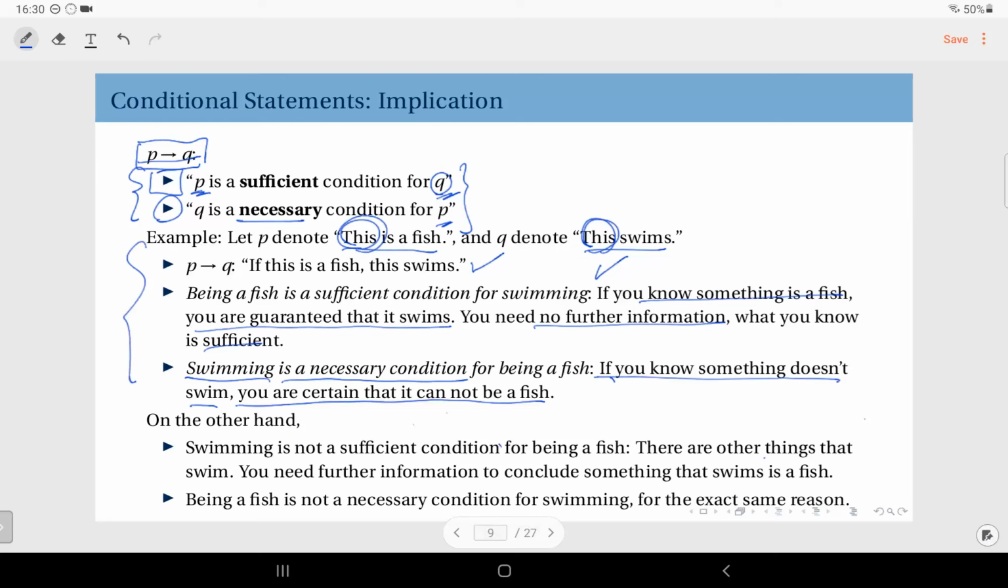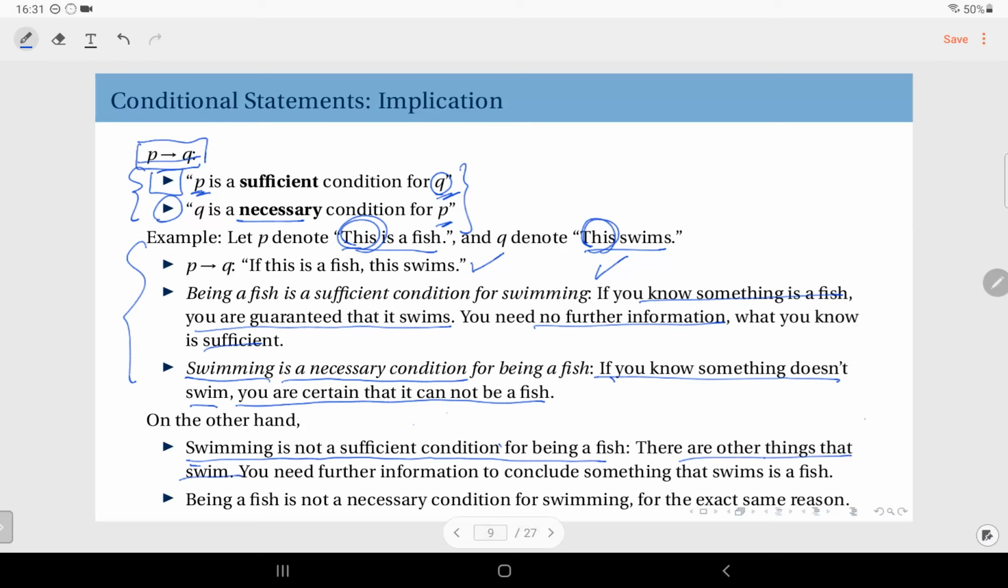On the other hand, we don't have the opposite relation. So swimming is not a sufficient condition for being a fish, right? The consequent is not sufficient for the antecedent. That's not the only case. There are other things that swim.